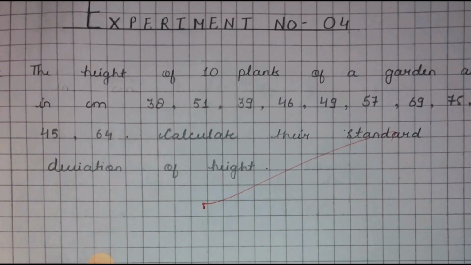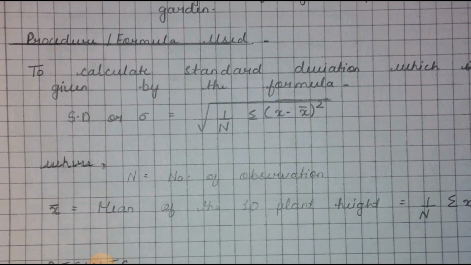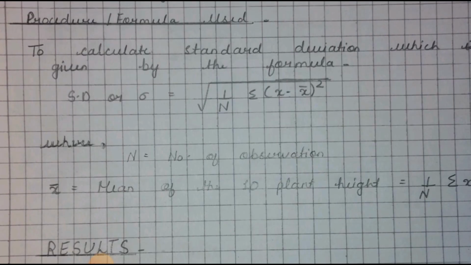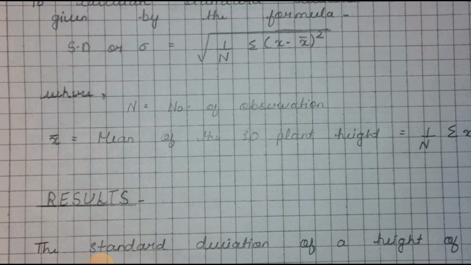Experiment 4. The heights of 10 plants of a garden in centimeters are 38, 51, 39, 46, 49, 57, 69, 75. Report page. Objective: to find standard deviation of height of given plants of a garden. Formula: where n is equal to number of observations, x bar is equal to mean of the 10 plants height, equal to 1 by n summation xi.